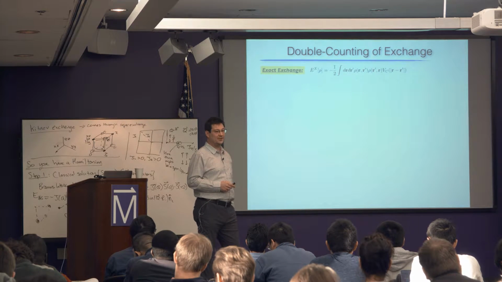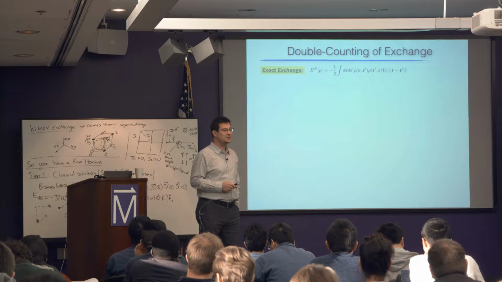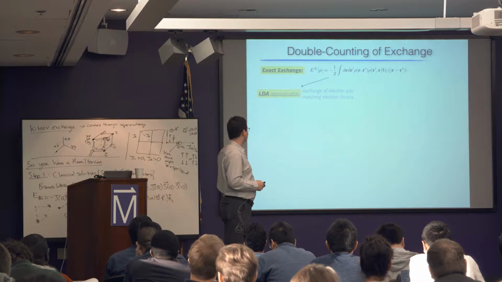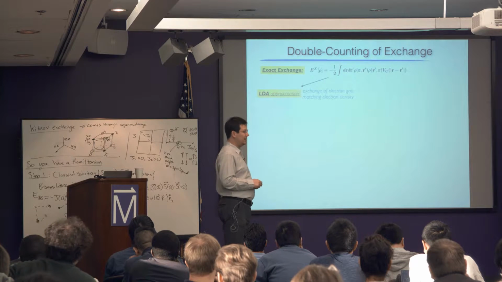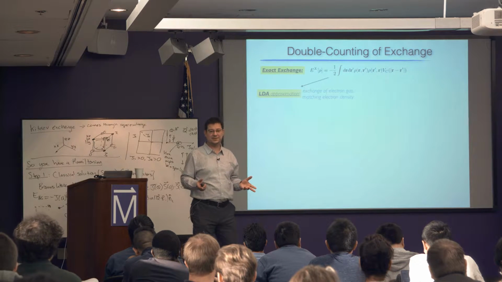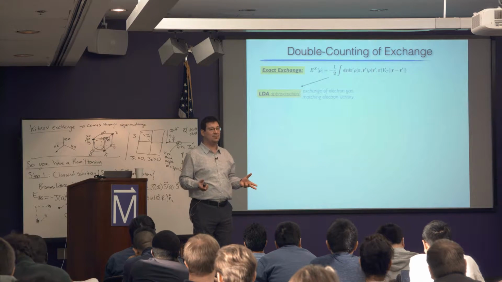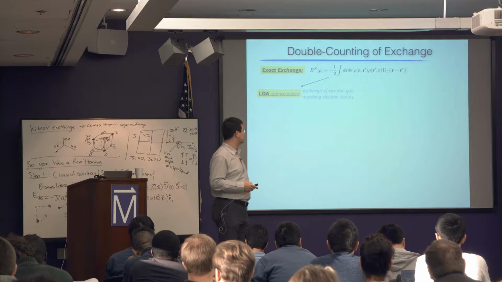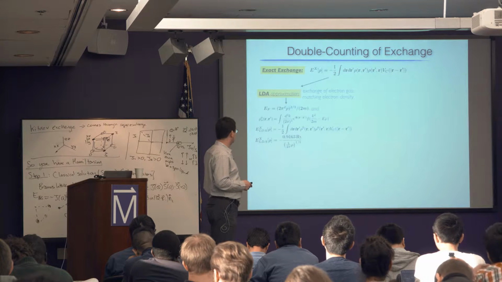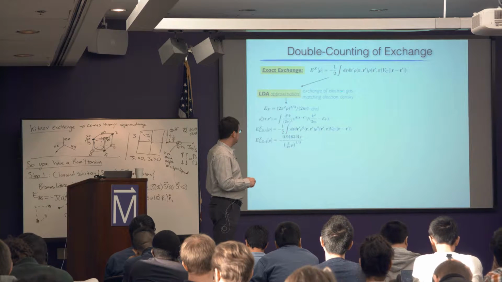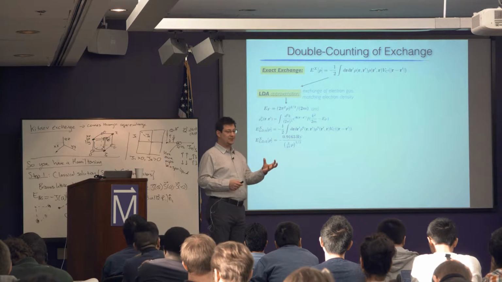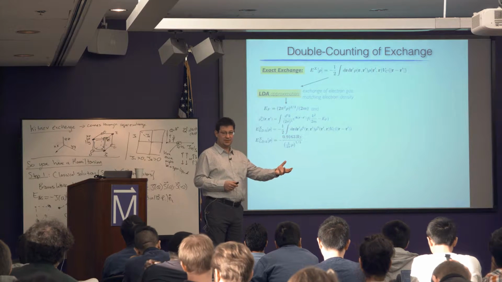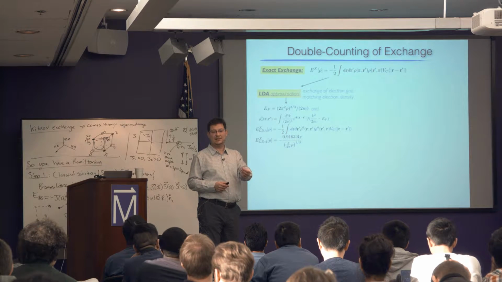Okay, now what about exchange? Well, that's a different story. Within LDA, we don't take into account exchange exactly, okay? But we use the so-called semi-local approximation for exchange, isn't it? So what does it actually mean? Well, we match the electron density in a solid to the density of an electron gas.